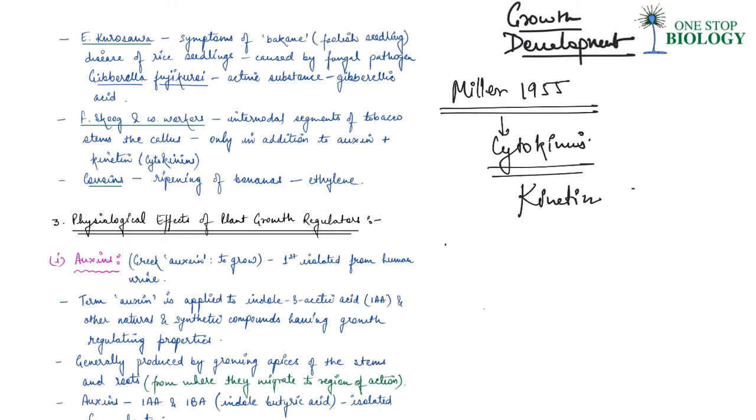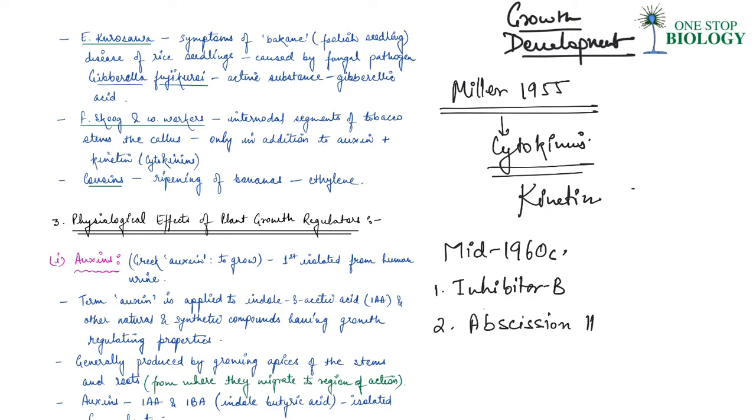Now after that, during the mid-1960s, three independent researchers reported the purification and chemical characterization of three different kinds of inhibitors. The first was inhibitor B, the second was abscission II, and the third was dormin.